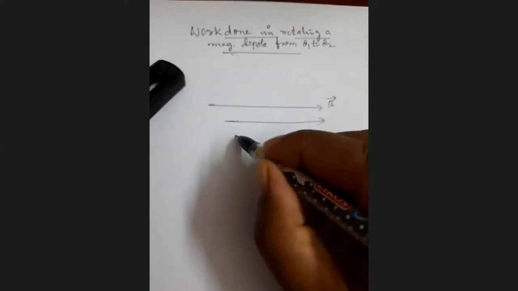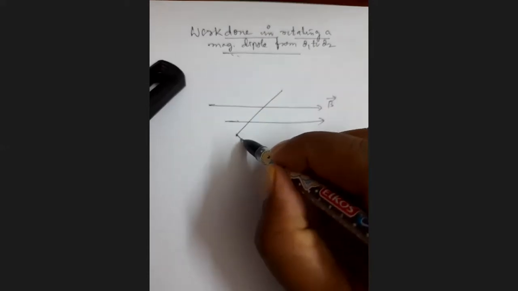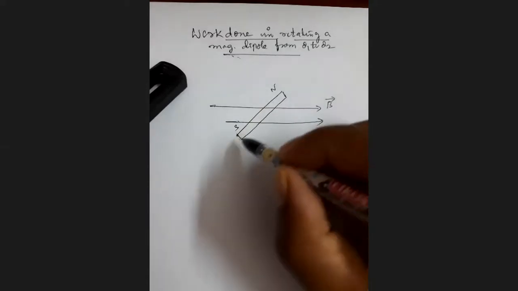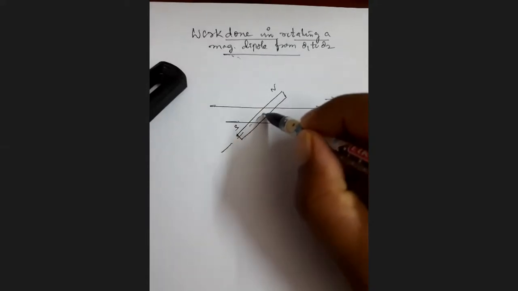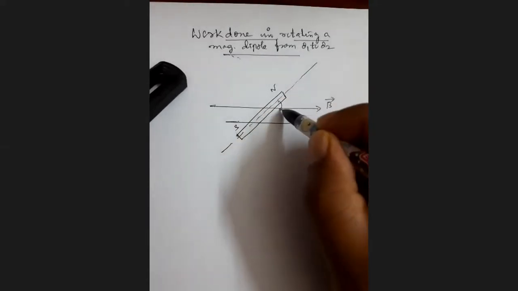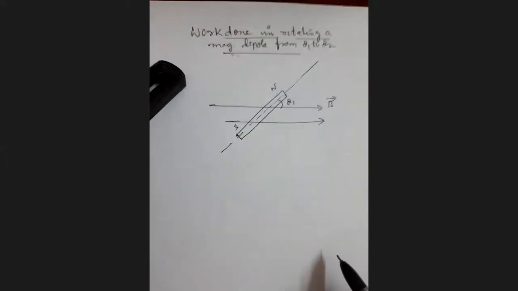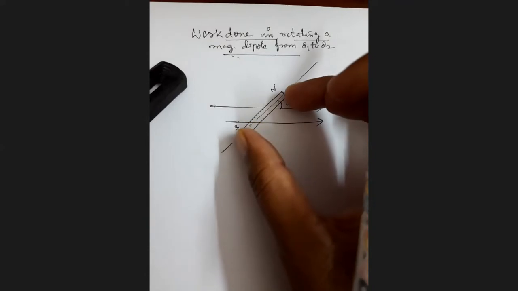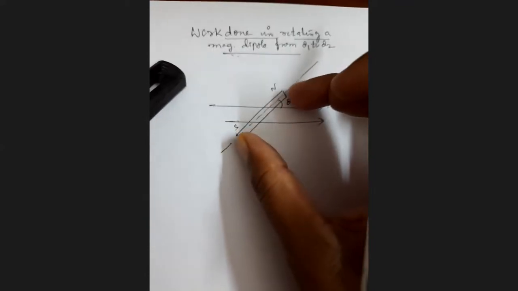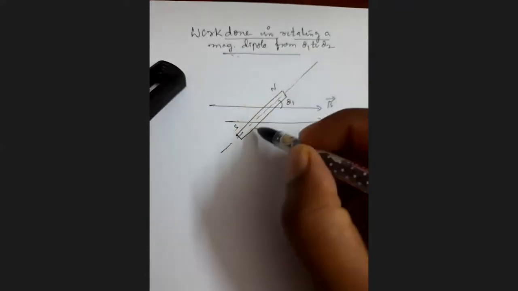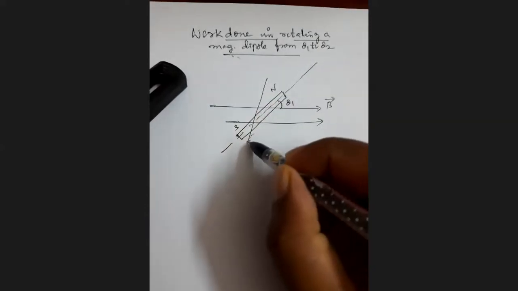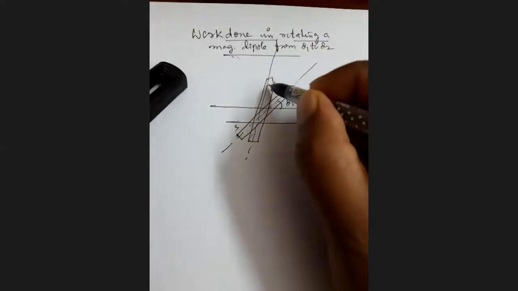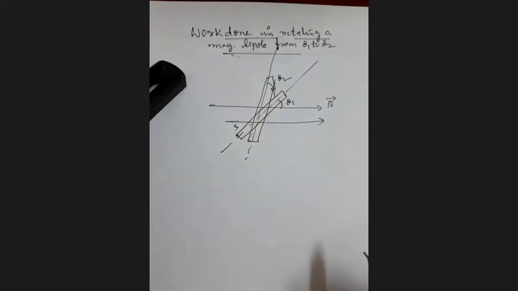Now you keep the magnetic dipole or bar magnet in this. Here the magnetic dipole axis is making angle theta 1 with the field direction. To turn this magnetic dipole from this present angular position theta 1 to theta 2 position, now the axis is making angle theta 2 with the field direction.